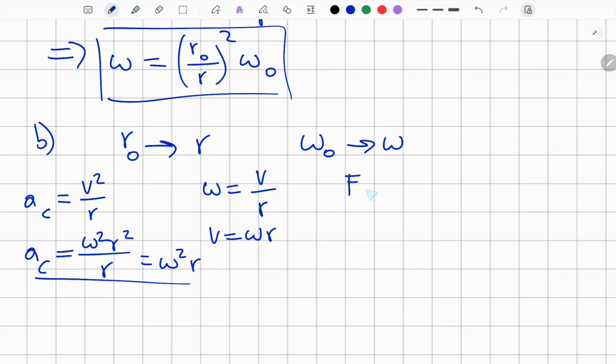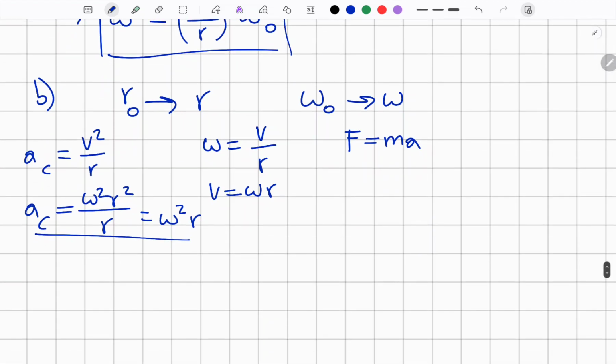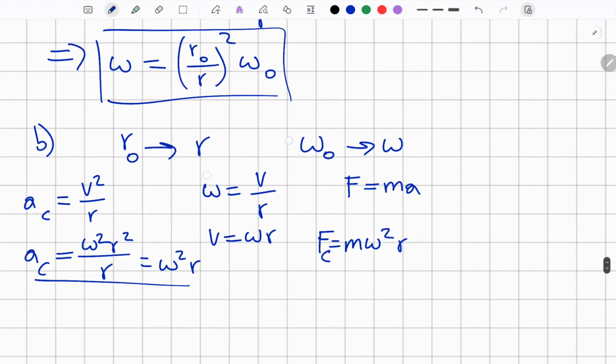So we know that force is mass times acceleration. So our force from that centripetal force is going to be m omega squared r, which we know what omega is equal to up here.